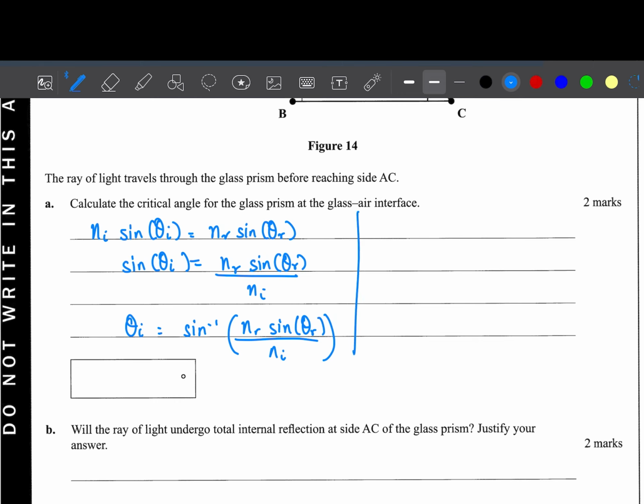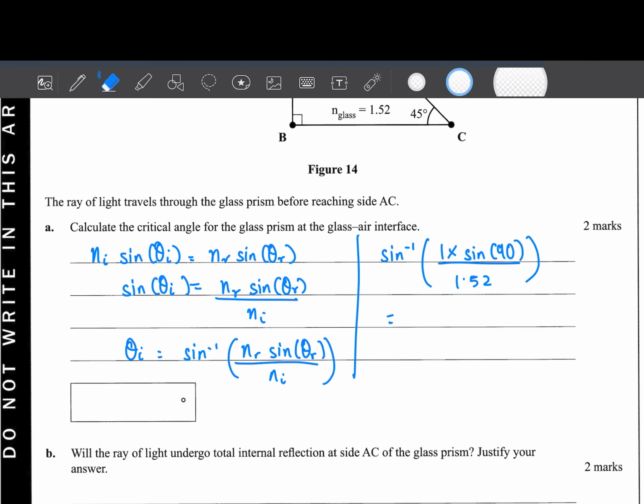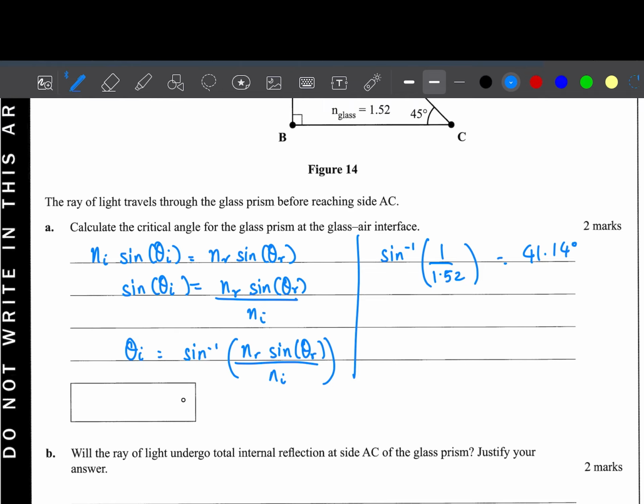So that would be sine inverse of Nr, so that is going to be 1 times sine 90, divided by 1.52, and that is basically saying 1 divided by 1.52, and that is going to give us 41.14 degrees.